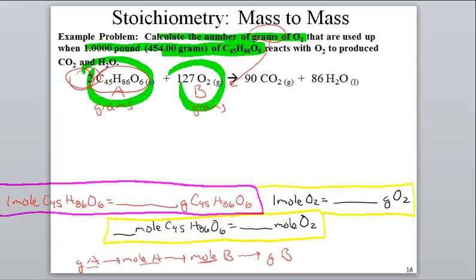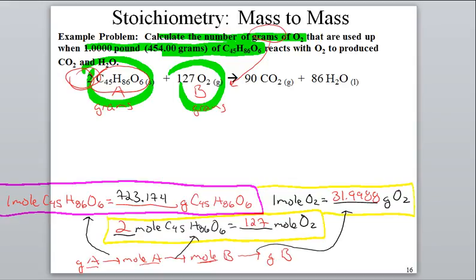So here are the 3 relationships without the complete numbers. The first one, this is our A, we need the molar mass of the A molecule, which is our C45H86O6 compound. The chemical reaction will give us the mole to mole relationship for our A and our B. And the last one we need is the molar mass of our B, which is oxygen.